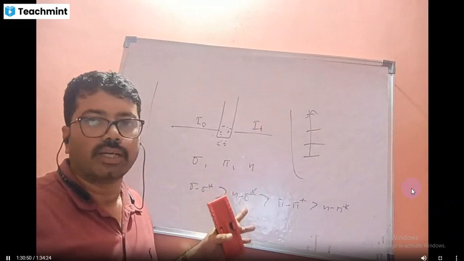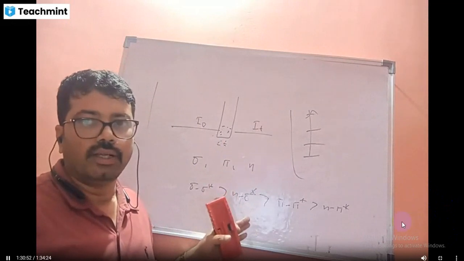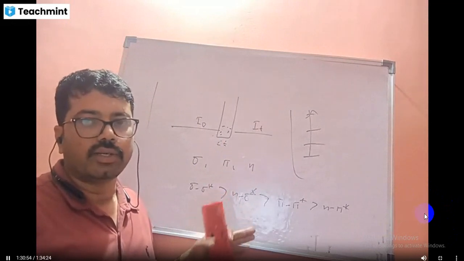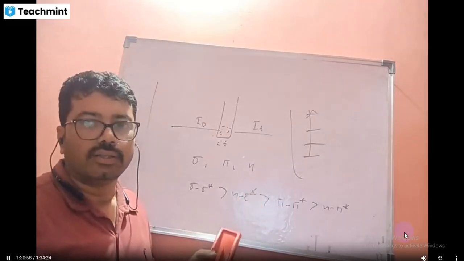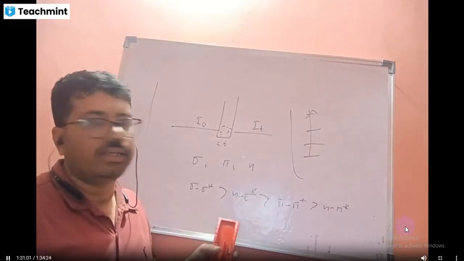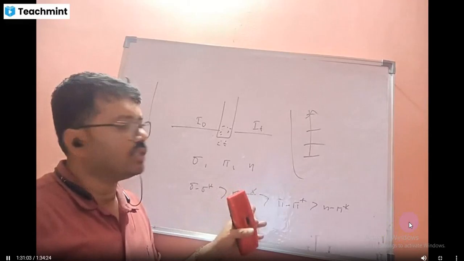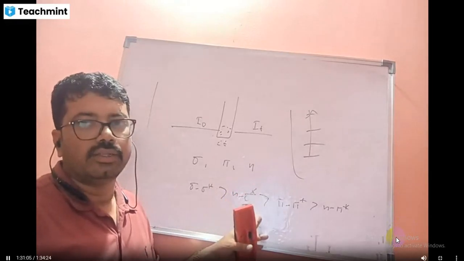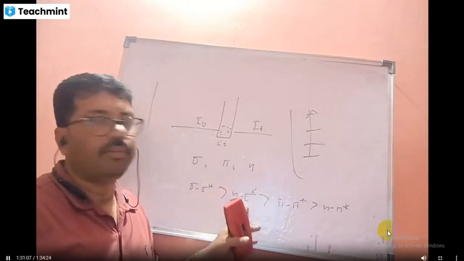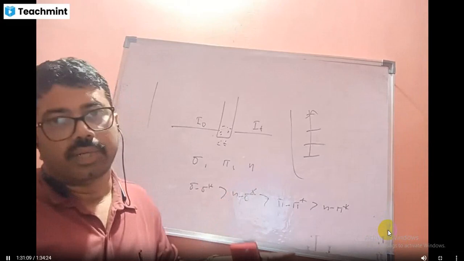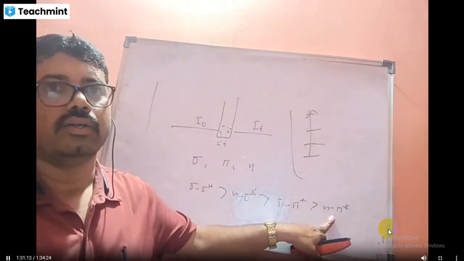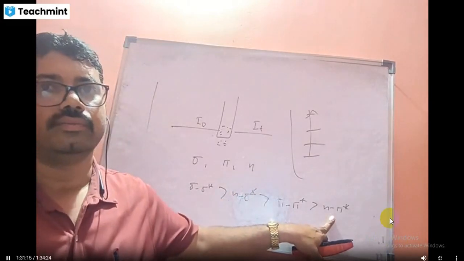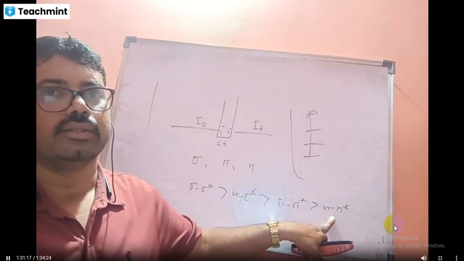Pi to pi star is also called the K band, n to sigma star the B band, and n to pi star the R band.